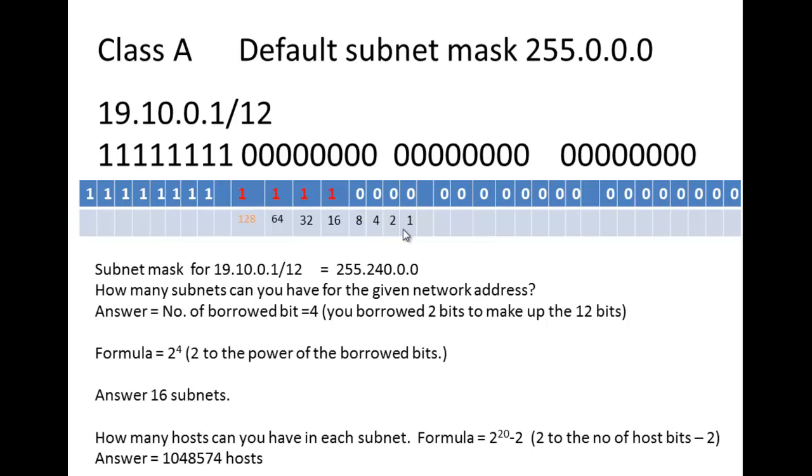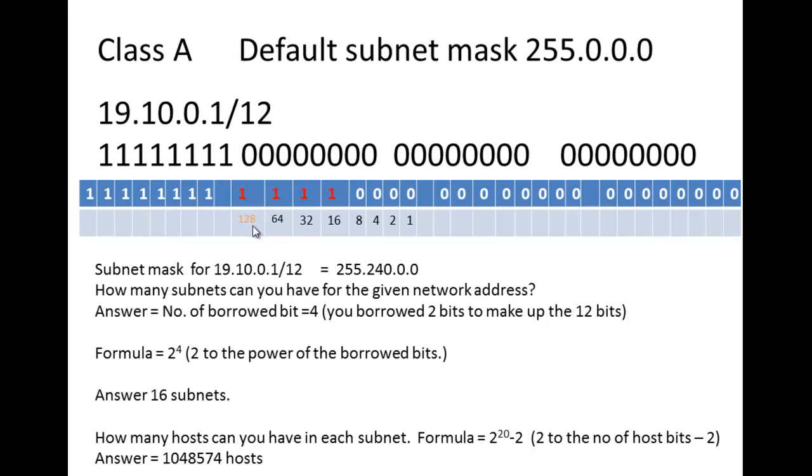So we see here that we start from 1, and then we keep doubling as we go across. So 1, you double 1, you get 2, you double 2, you get 4, you double 4, you get 8. You double 8, you get 16. You double 16, you get 32. You double 32, you get 64. You double 64, you get 128. And if you were to add the values of the ones, you would come up with 240.